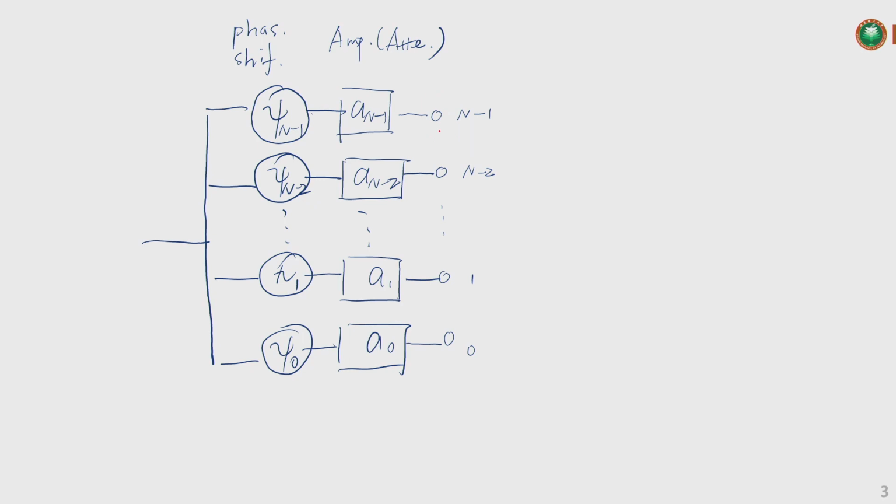But here, if we assume the distance between two neighboring elements is d, the total length L can be represented as how much? We have N elements, so it's capital N minus 1 times d, alright? If we assume a Cartesian coordinate system, this is y, and this is theta.